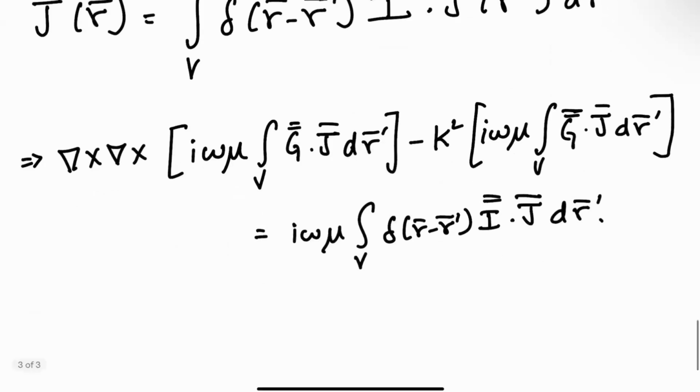That's the reason we had i omega mu outside, so we don't have to take it into the Green's function essentially.